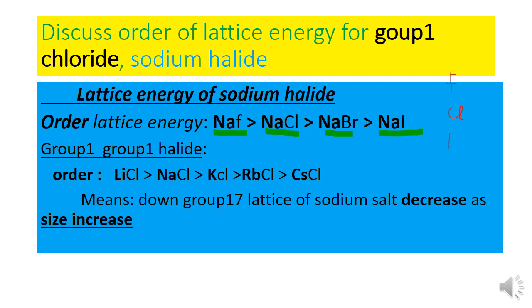As the size increases, the lattice energy decreases. Fluorine has a smaller size, whereas iodine has a large size. Then as the size increases, the lattice energy also decreases.